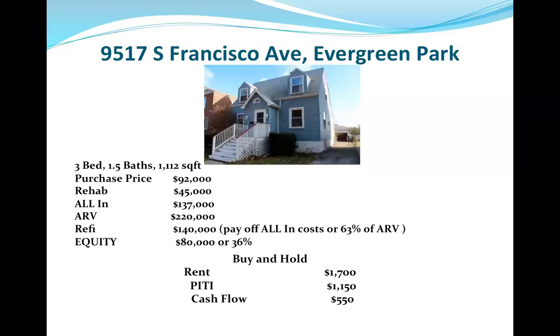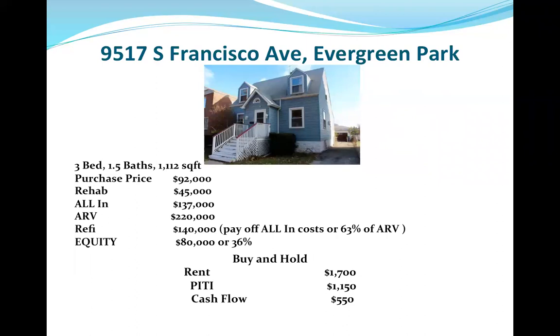So again, if the rent is $2,000, they want you to pay about $1,000, let's say, on the debt service or the mortgage, the principal and interest, and then $500 for operating expenses. So utilities, but utilities are mostly paid for by the tenants, but the maintenance, taxes, and insurance.